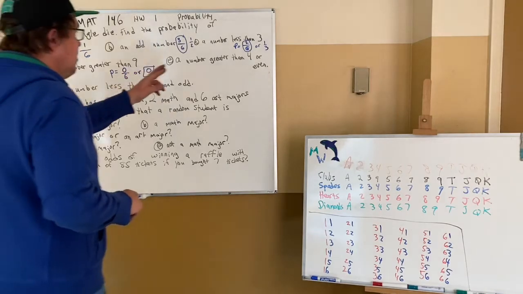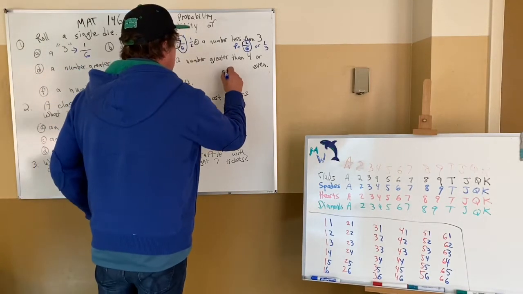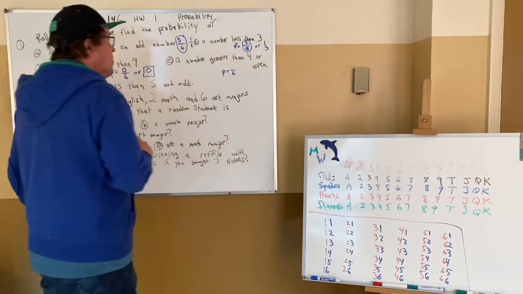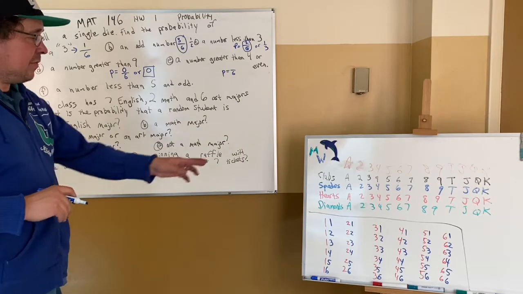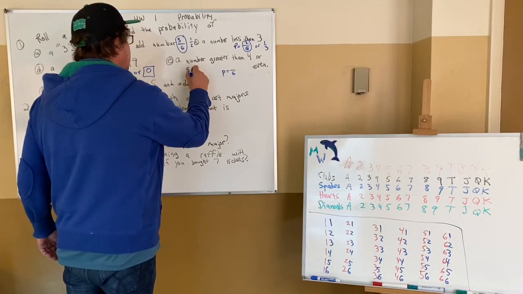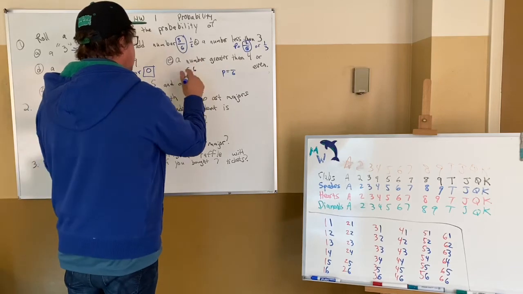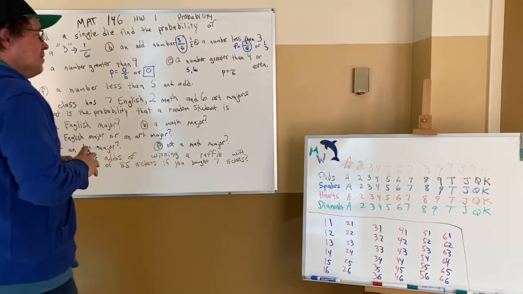A number greater than 4 or even. Let me start here, knowing that the probability is going to be based out of 6, by writing the numbers that are greater than 4 among the red numbers. 1, 2, 3, 4, 5, 6. Greater than 4 are 5 and 6. Those are possible as we get going. So they survived being greater than 4.